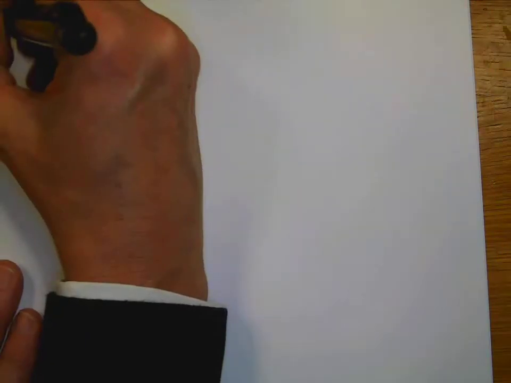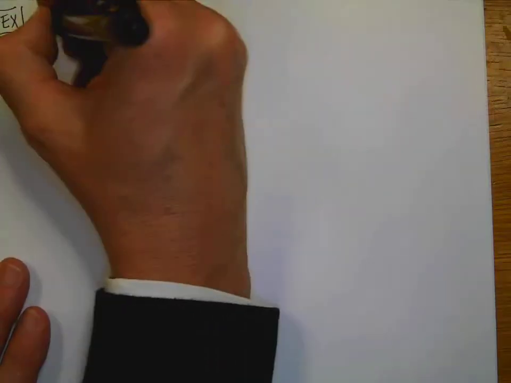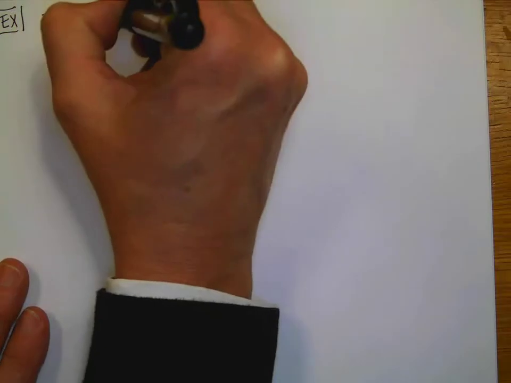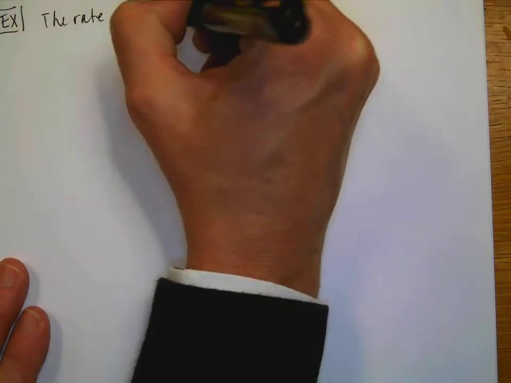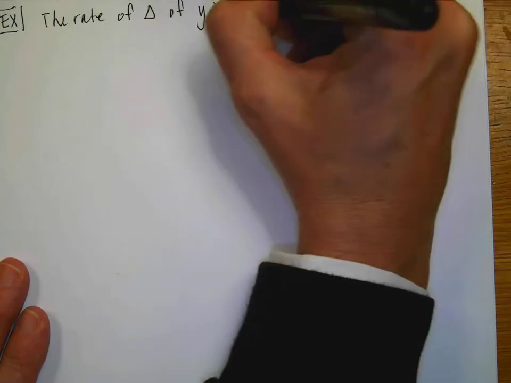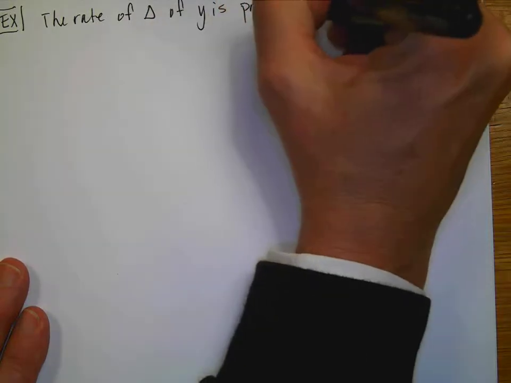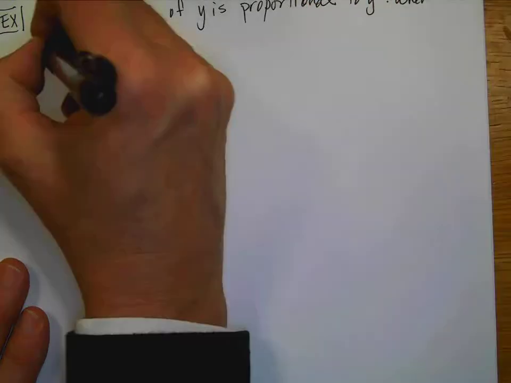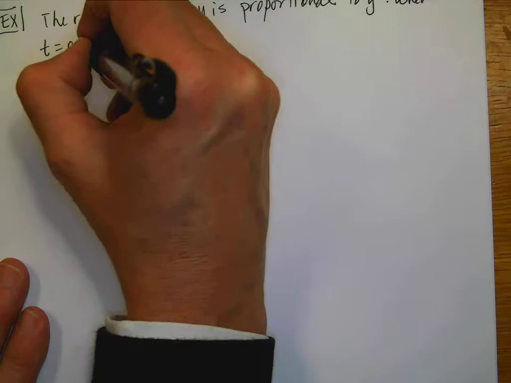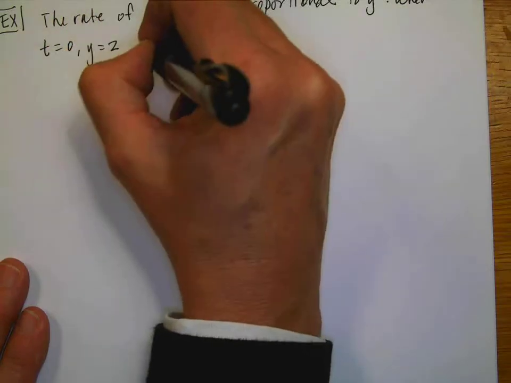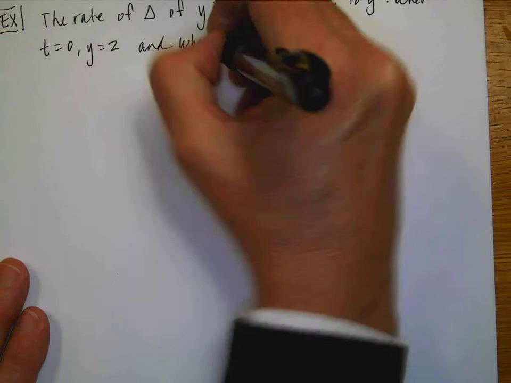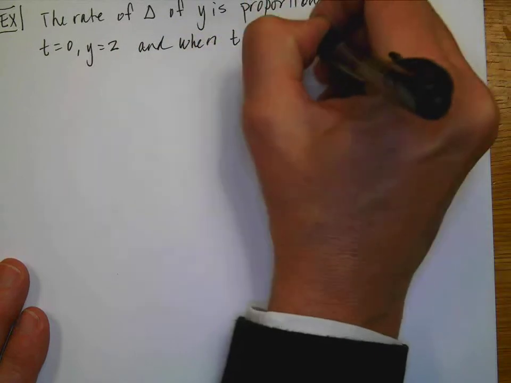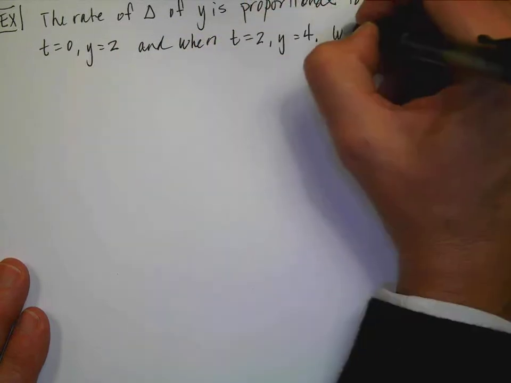All right, so the first example, I didn't write the first example down. Oh, bummer. Now you have to write an example down. So the first example says the rate of change of y is proportional to y, and then when t is equal to 0, y is equal to 2, and when time is equal to 2, y is equal to 4.